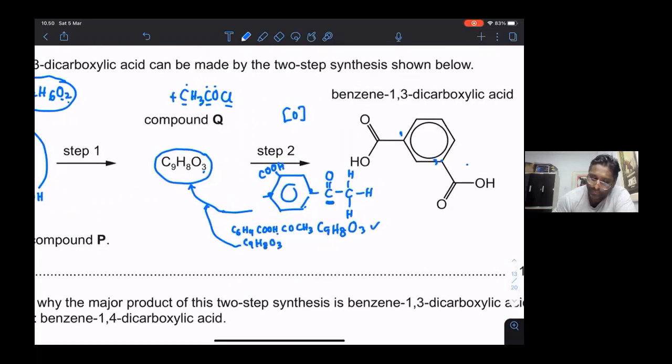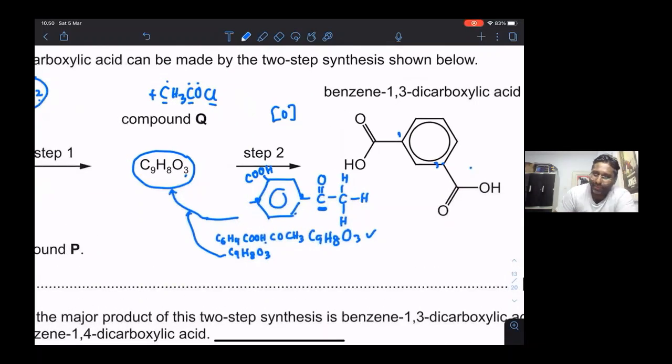I am changing this one, they keep the rest as normal, and this one changes into carboxylic acid. The only way you can change something into carboxylic acid here is oxidation. So they are oxidizing this. Any alkyl groups or acyl groups will change to benzoic acid because of the oxidation. You just remember this.